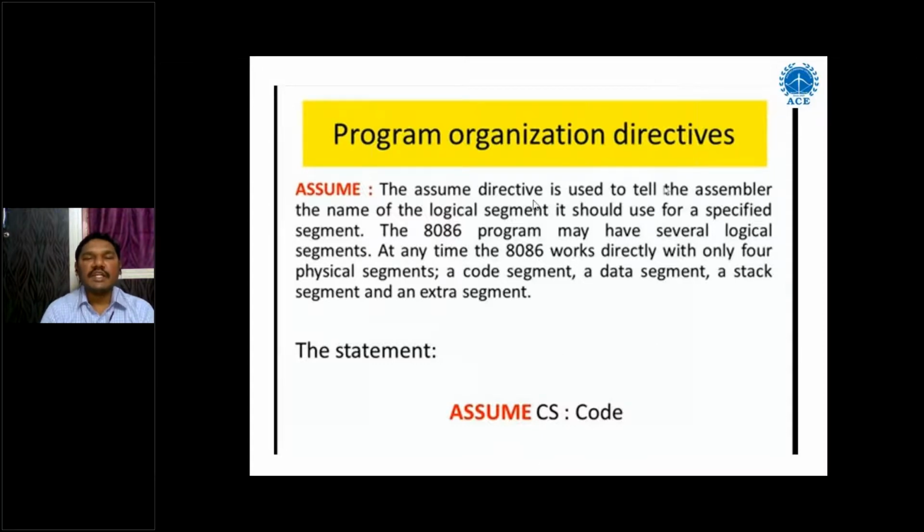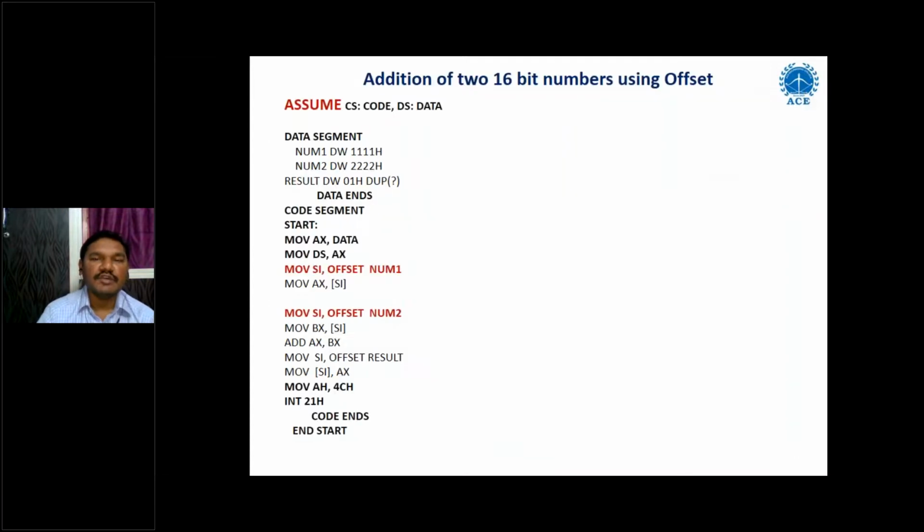So the ASSUME directive is used to tell the assembler the name of the logical segment it should use for a specified segment. The 8086 program may have several logical segments. At any time, the 8086 works directly with only 4 physical segments: code segment, data segment, stack segment, and extra segment. That's also called the program organization directive.